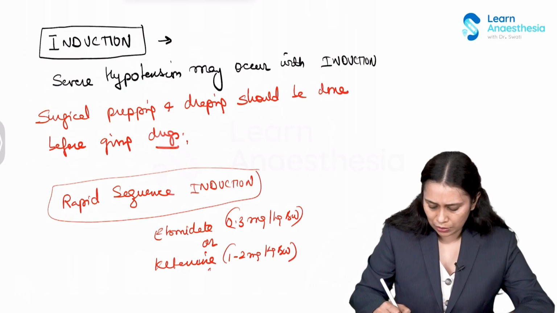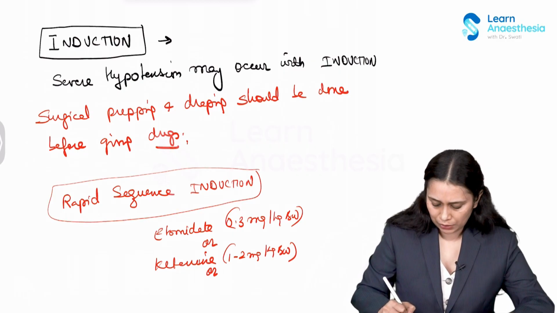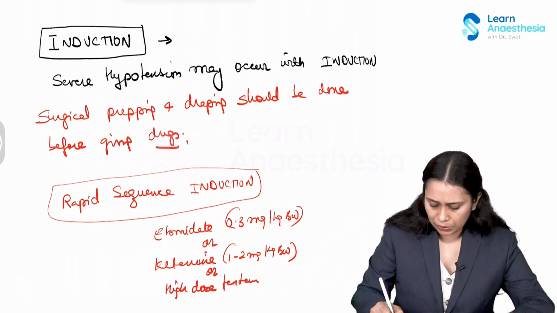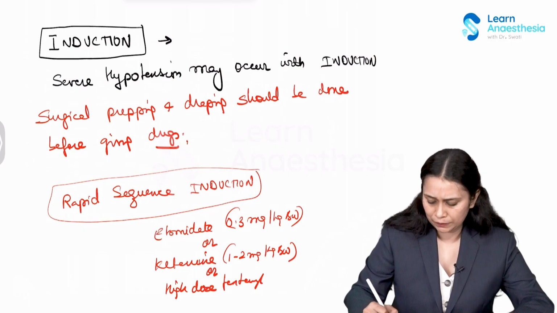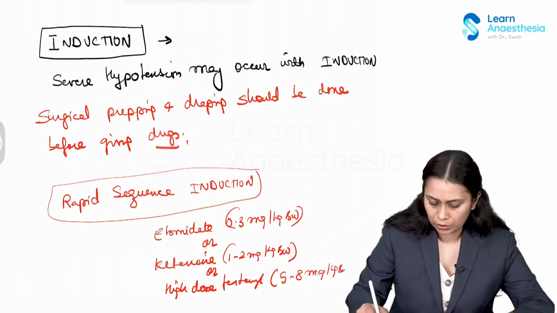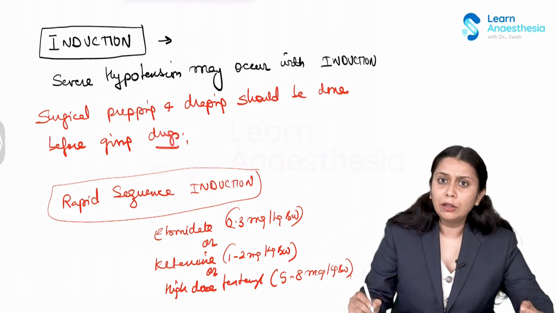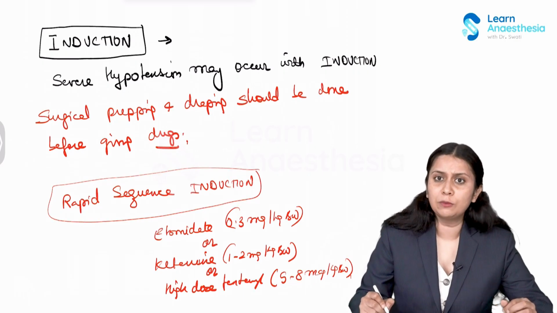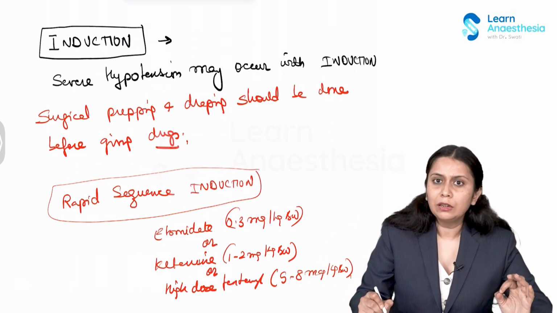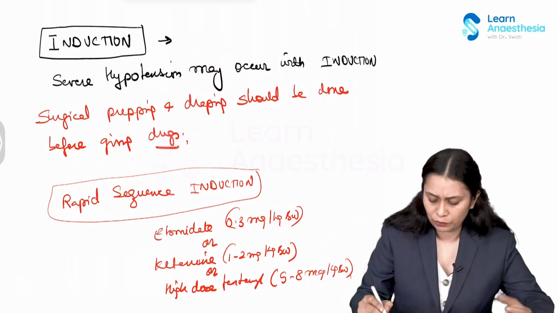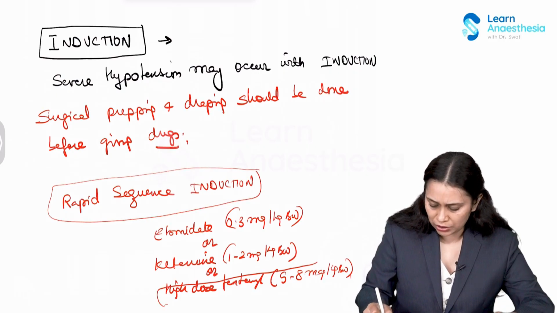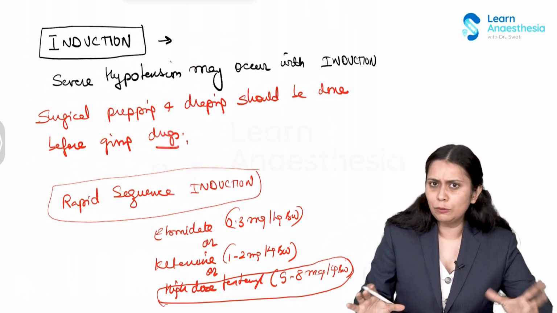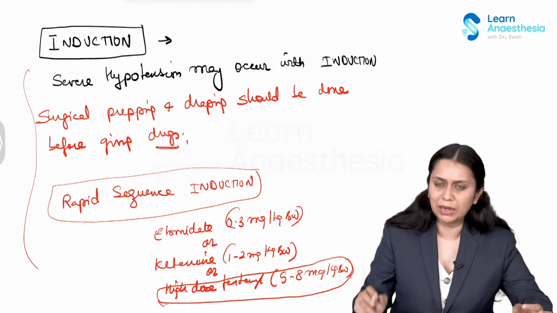Or we can use high dose fentanyl, alone or as an adjuvant, in the dose 5 to 8 microgram per kg body weight. Many times the patient may have high sympathetic tone and increased blood pressure, and in that case we should judiciously use the adjuvant. Okay, so we have to maintain the hemodynamics. So this is how we have to practice the induction.